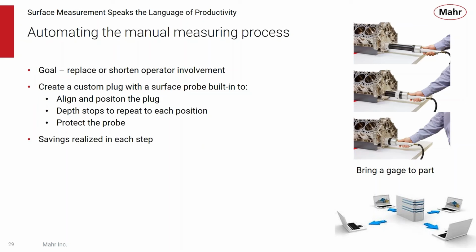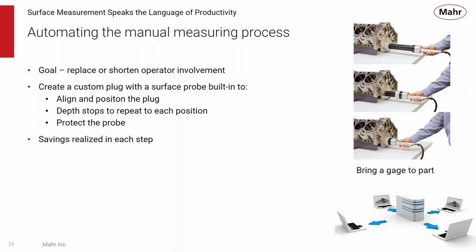You can imagine in a crankshaft bore, for example, that it would be very difficult to align a surface finish probe a couple of feet potentially into the bore. But we can create special plug gauges with the surface probe built into it, and this helps align and position the probe by the plug.